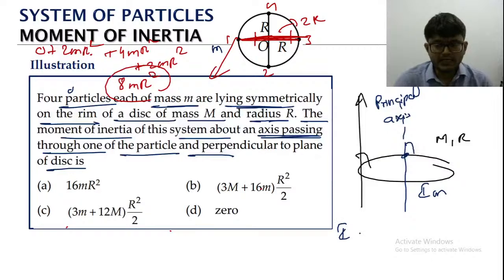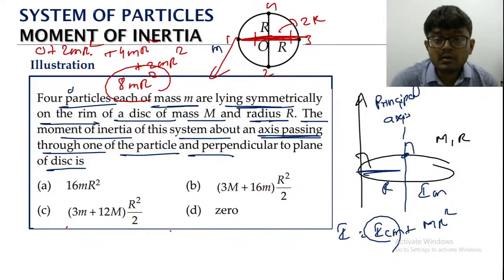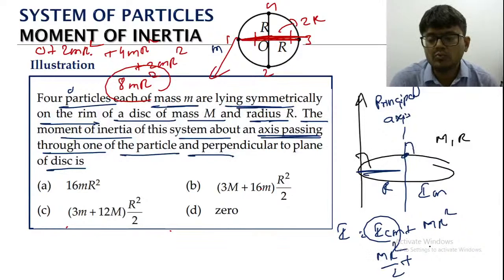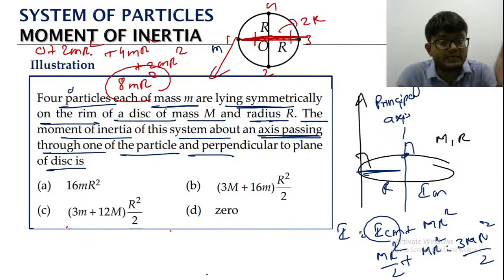So what is the concept here? I is equal to ICM plus distance between the two axes, what? R. But what is ICM? Moment of inertia of a disk about the principal axis. What is it? mr square by 2. 3 capital M r square by 2. That is it. That is the moment of inertia of the disk.